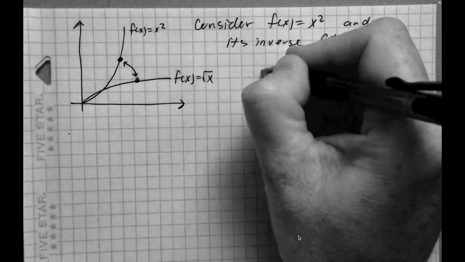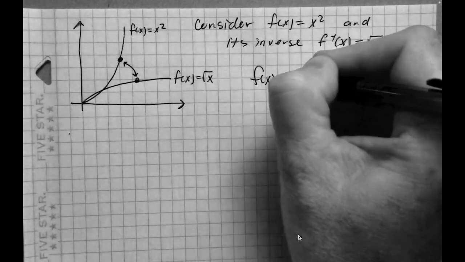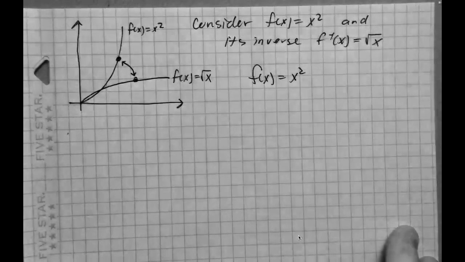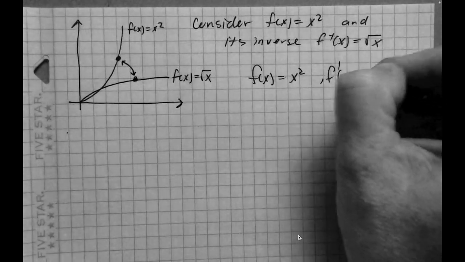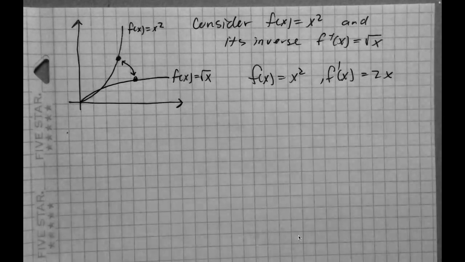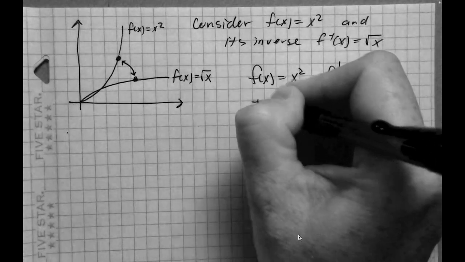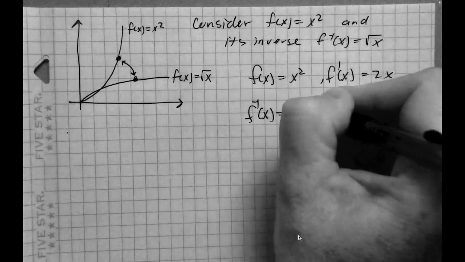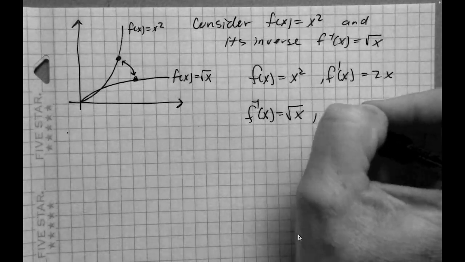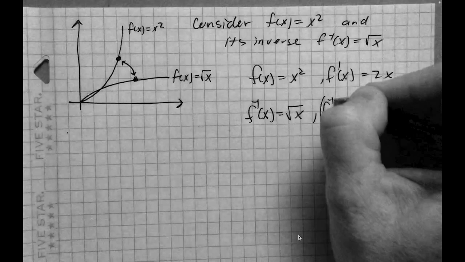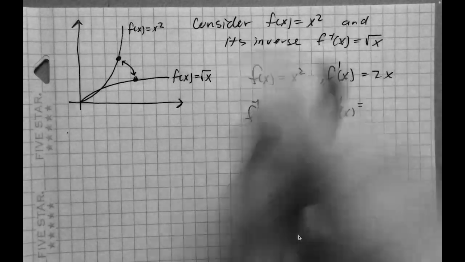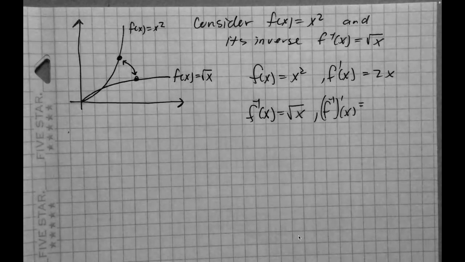So let's start with f of x equals x squared, and so f prime of x is equal to 2x. No problem. f inverse of x is equal to the square root of x, and what is the derivative of f inverse? You can just go through this.